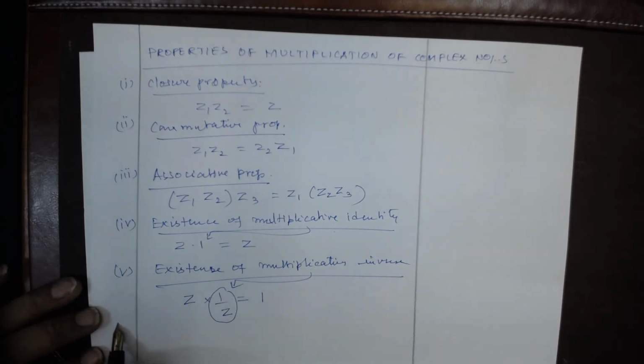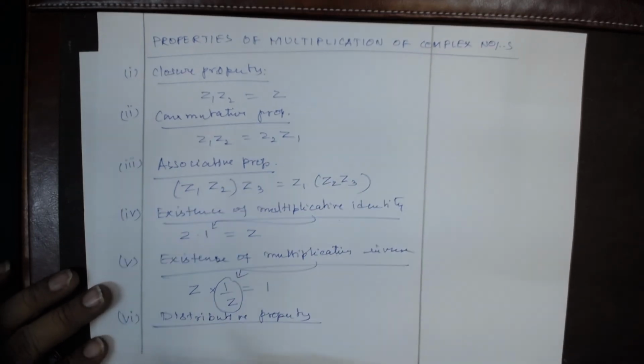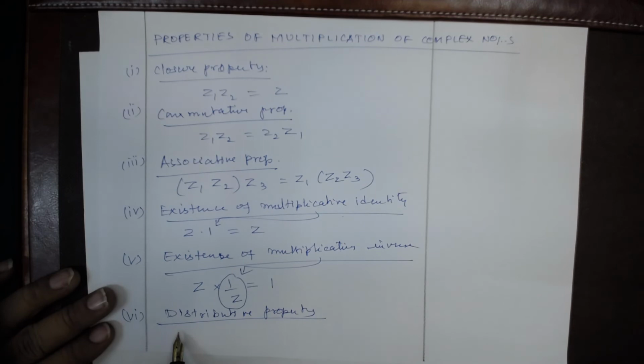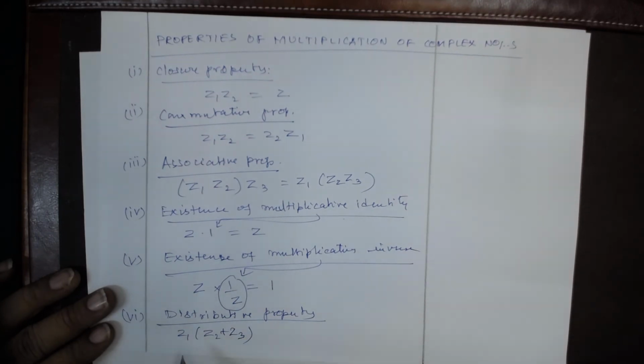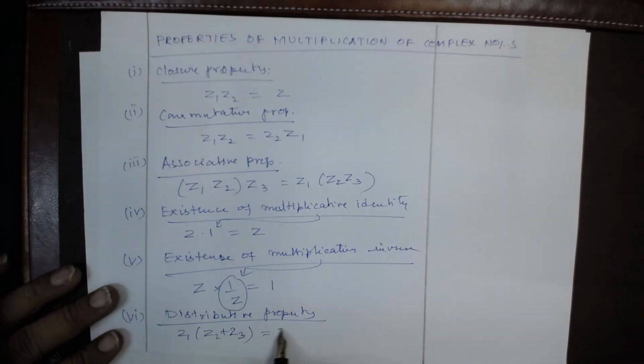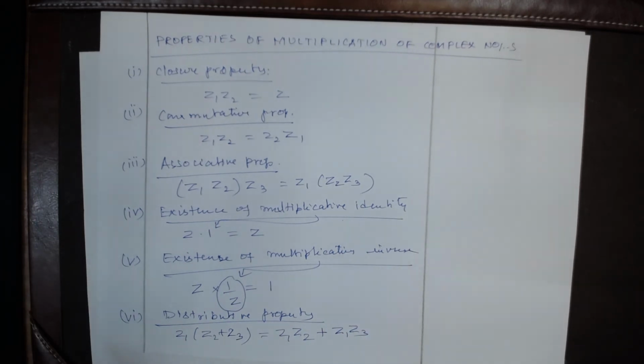Then it can have the distributive property also. For example, let us have z1 multiplied with the sum of z2 and z3. That is z1 into z2 plus z3. So that can be distributed as z1 z2, then added with z1 z3. This is known as distributive property.